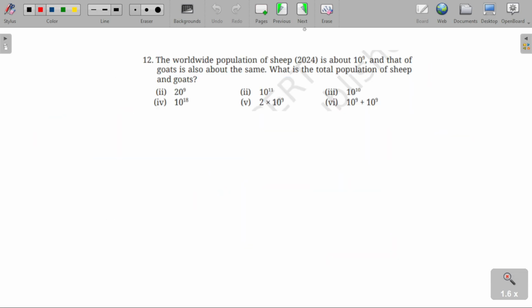Moving to question number 12. The worldwide population of sheep is 10 raised to 9. That of goats is also about the same. What is the total population of sheep and goats?